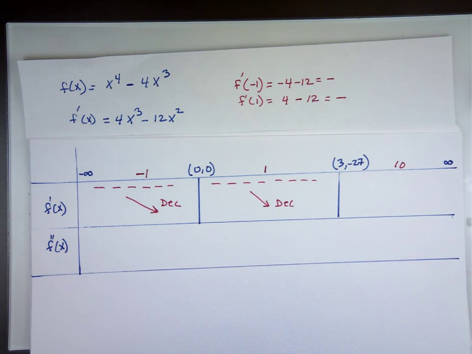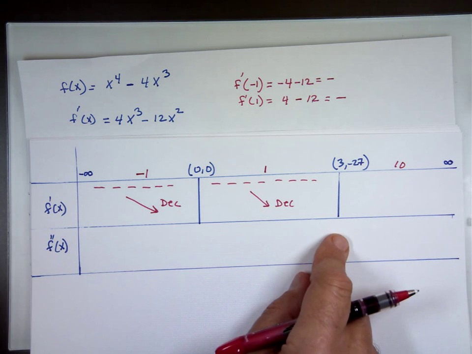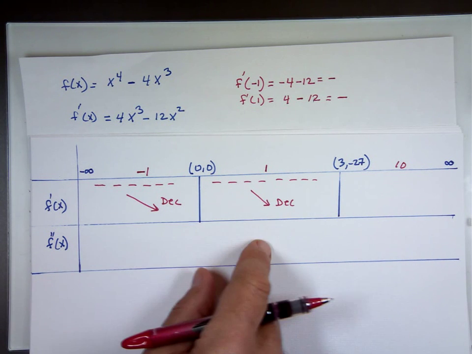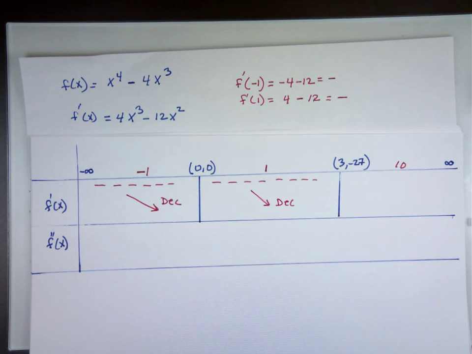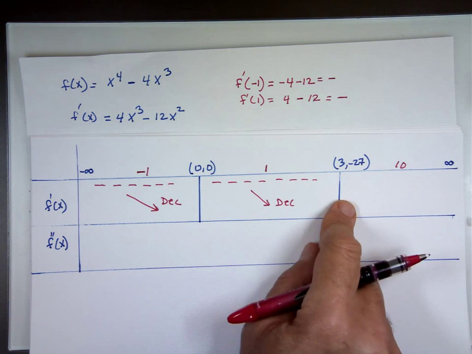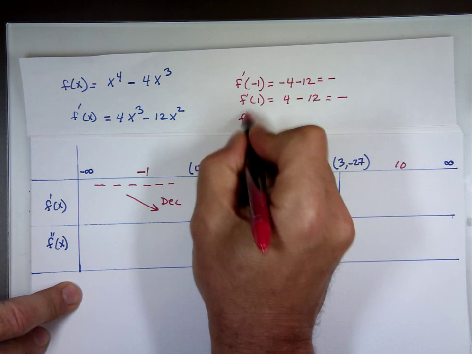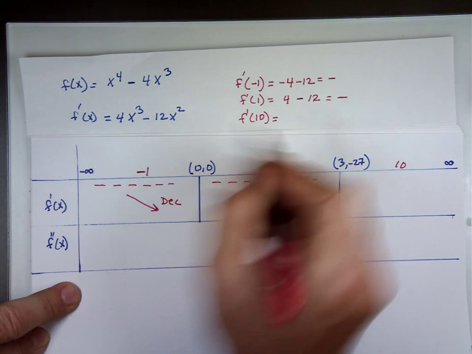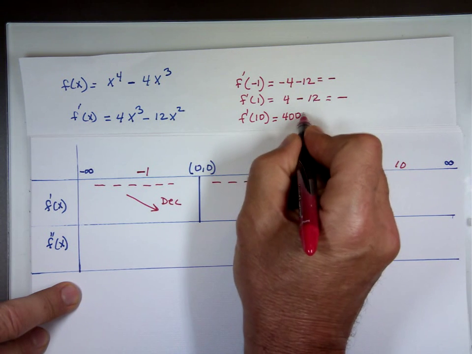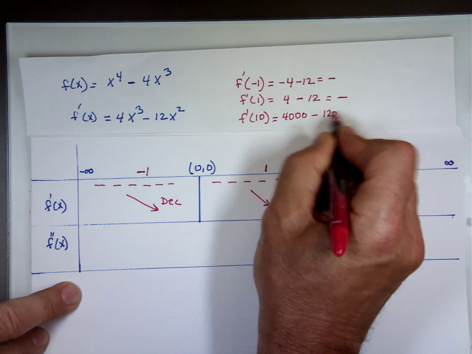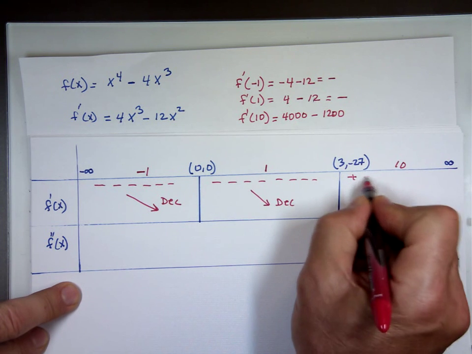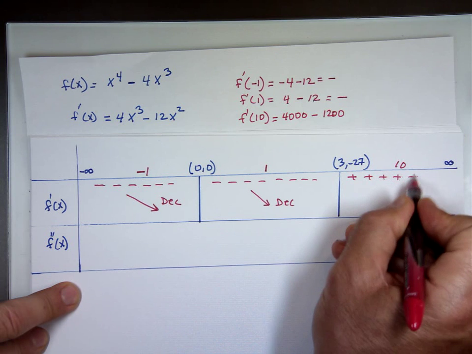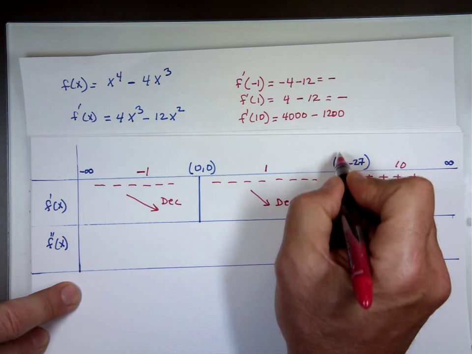Now let's pick a value. So this is not a min, because decreasing is still decreasing. It's not a min, it's not a max. Let's try the 10 here. That's 1,000 times 4 is 4,000 minus 1200. I know that's positive, right? And that's increasing, so we know that's a midpoint. So there is no max here.